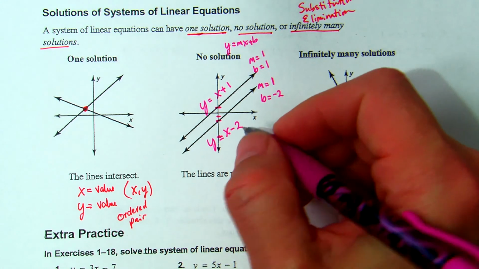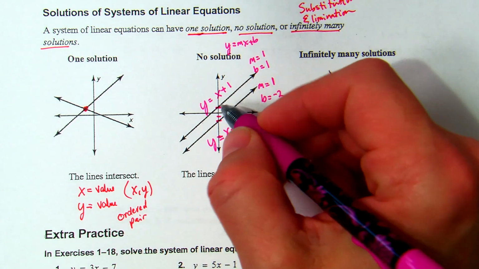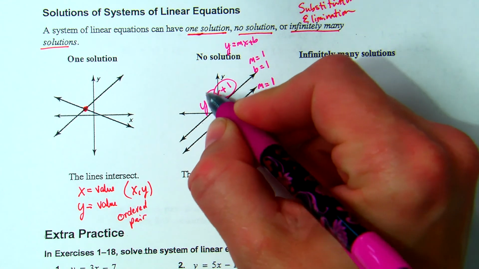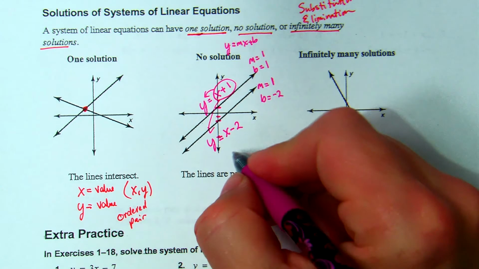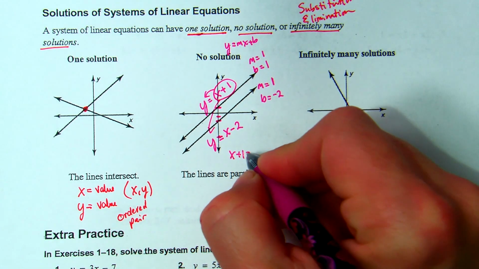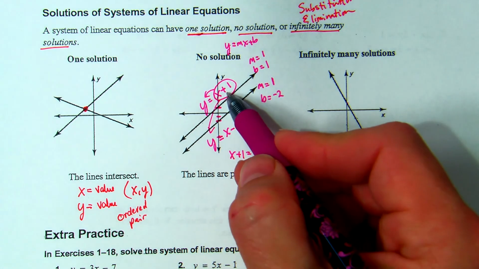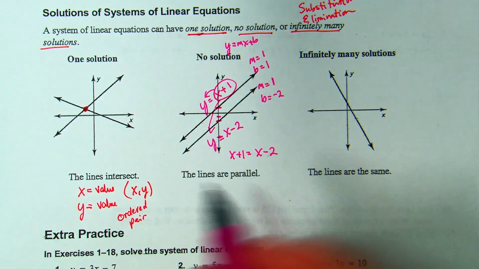If I were to use substitution, I would see real quick that if I take this expression for y and plug it into the other equation, I would have x + 1 = x - 2. Substituting in this expression for y, this would be my resulting equation.